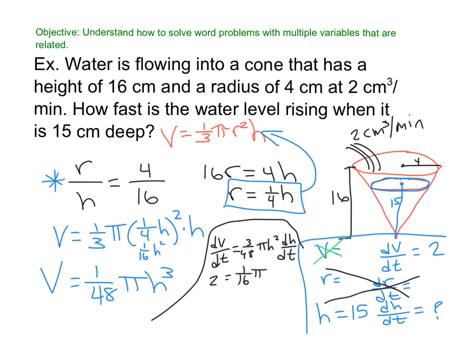Pi, they gave me h was 15. 15 squared dh dt. So we get 16 times 2 is 32 over 225 pi equals dh dt. And that's your answer.